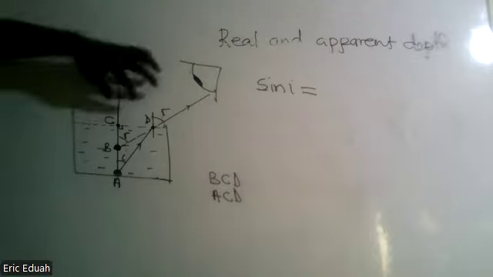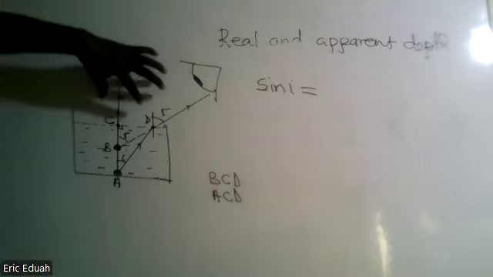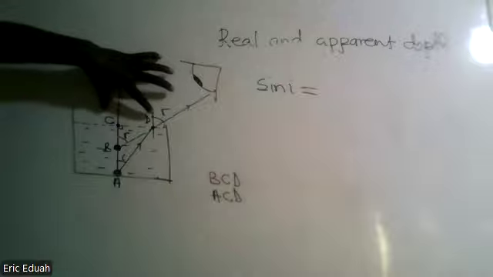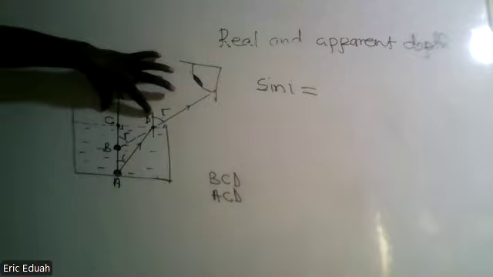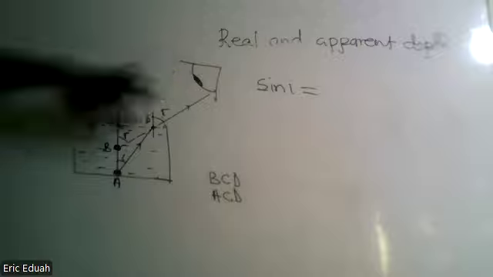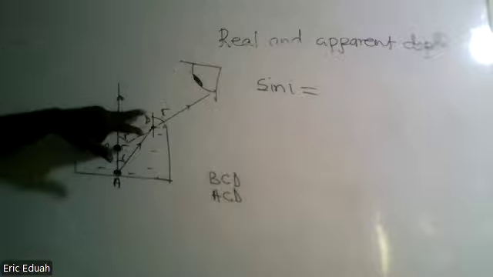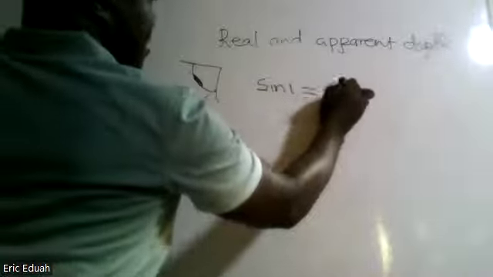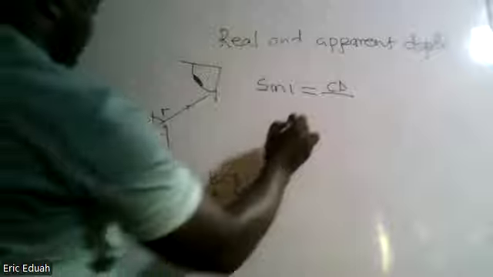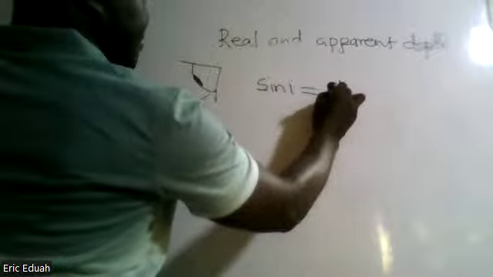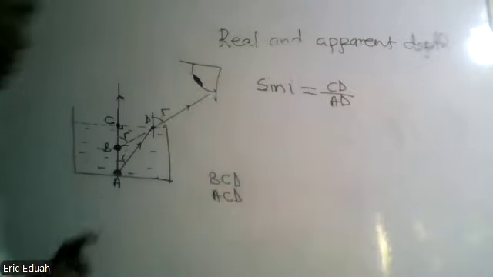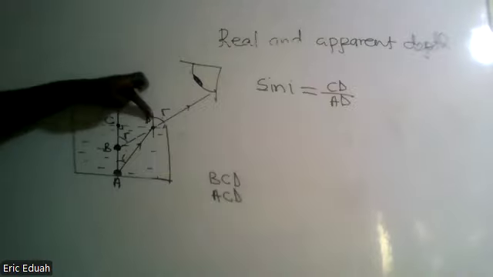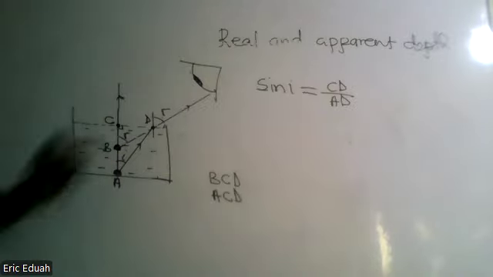No, sine is opposite. Opposite CD over the hypotenuse AD. Right? So sine I is equal to CD over AD.